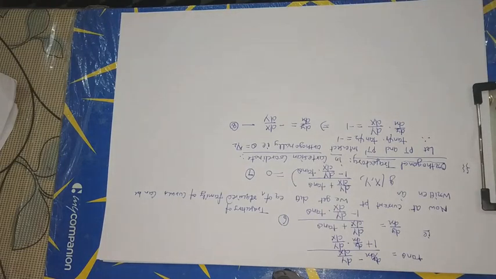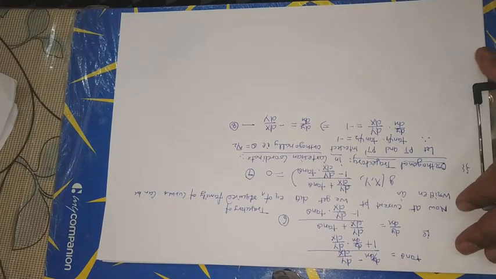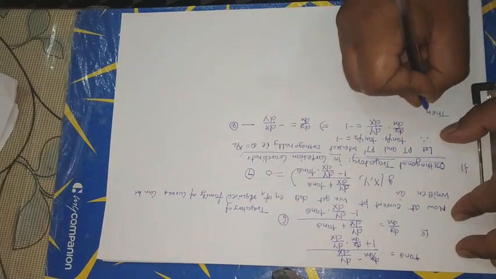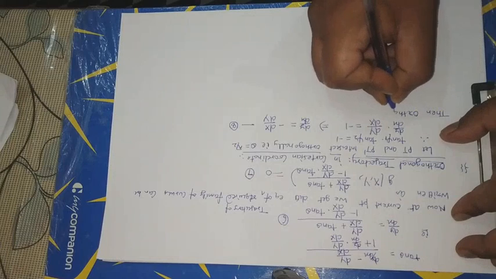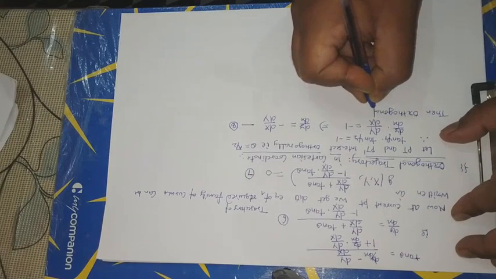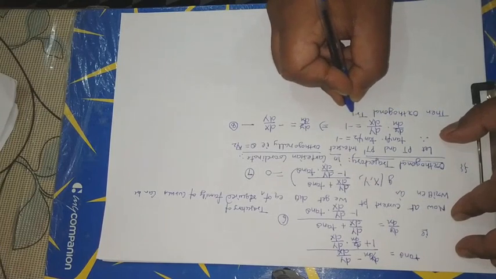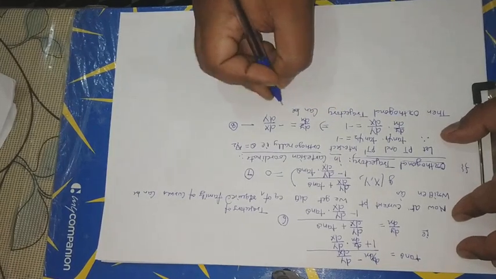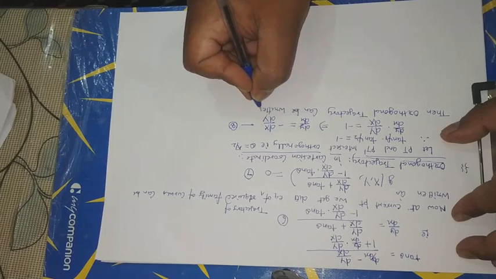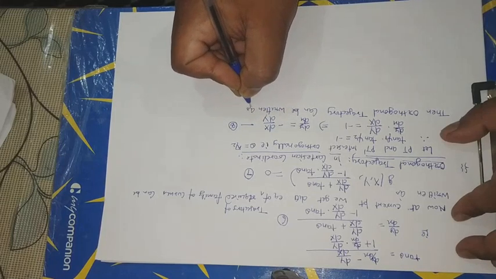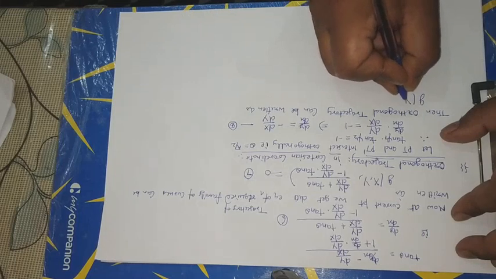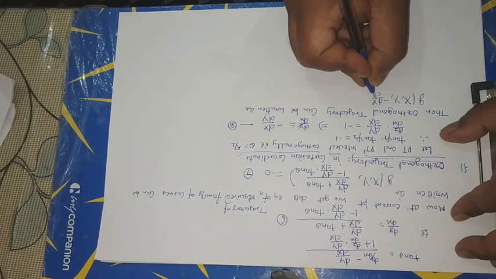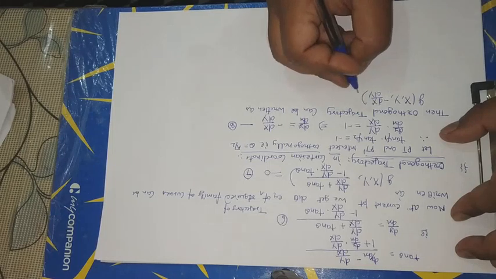Now we can write the orthogonal trajectory as g of x, y, minus dx upon dy, equal to 0.